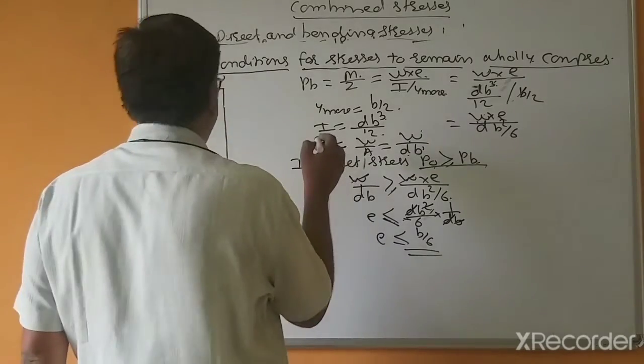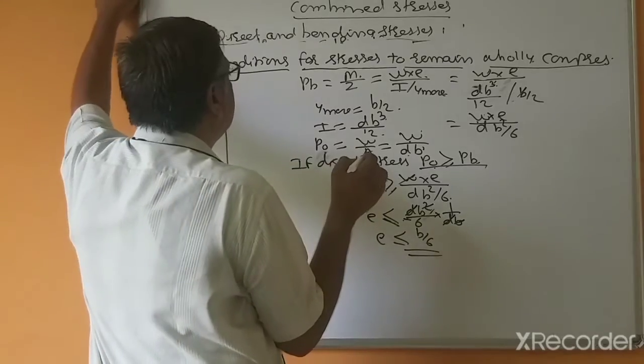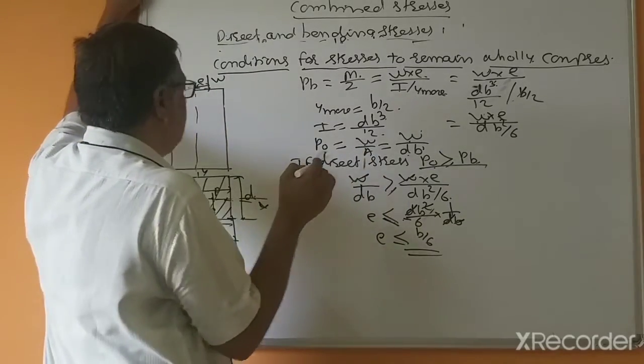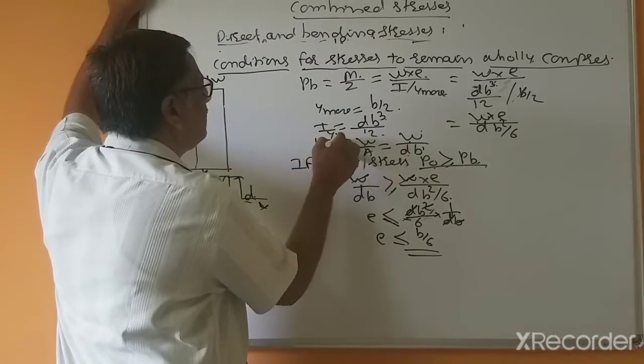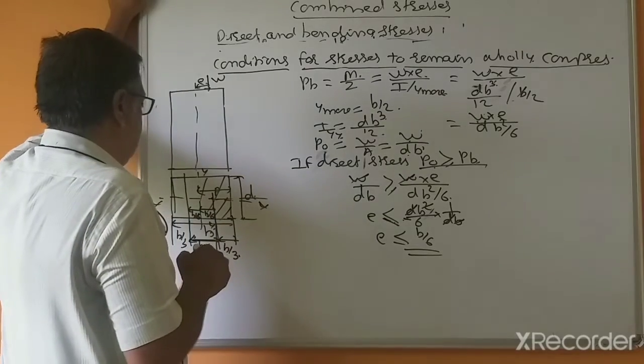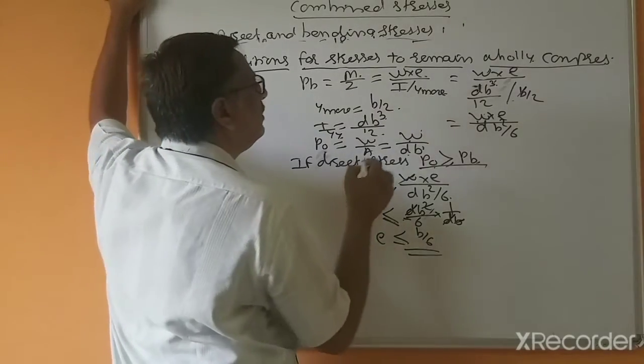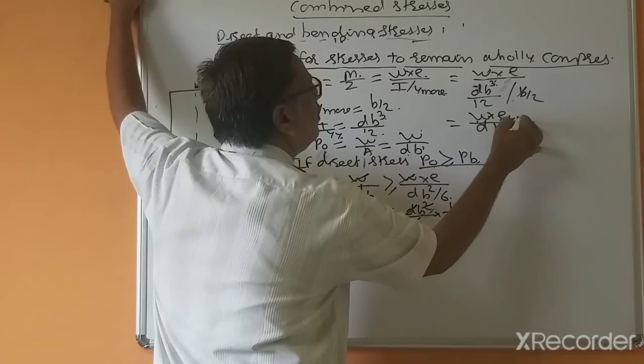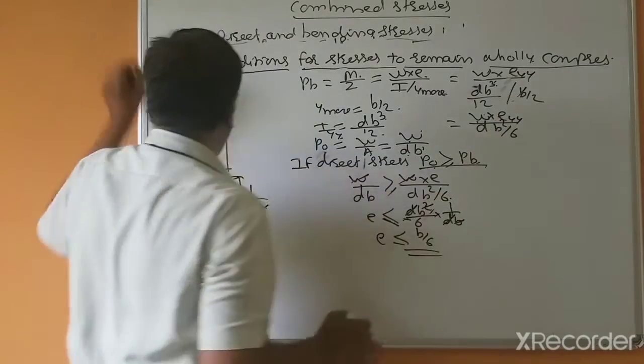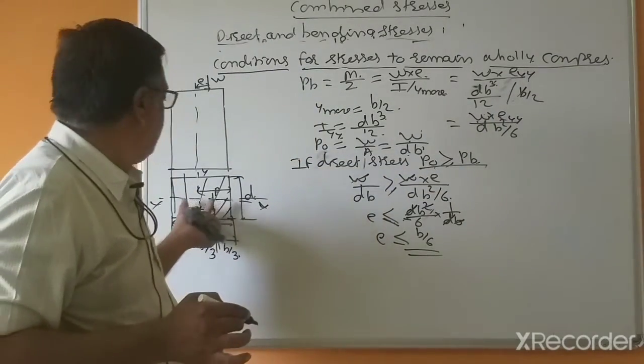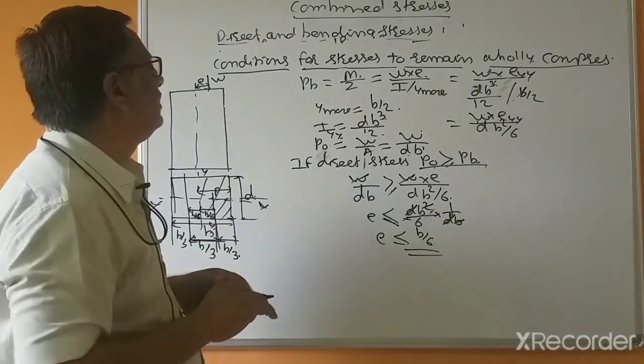so this is moment of inertia about y axis, and this is EYY, because this distance is the eccentricity from y axis.